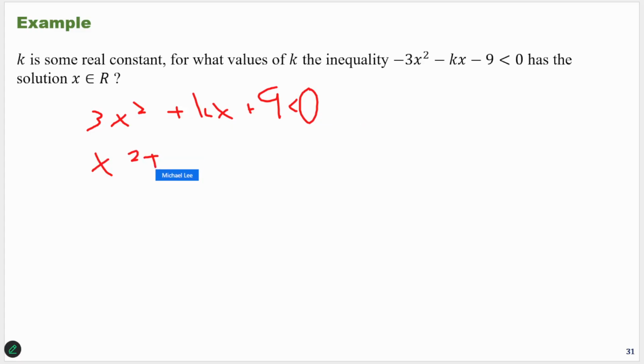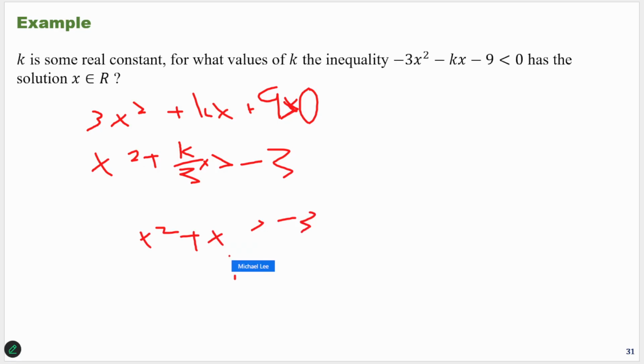Should be greater than, right? x squared plus x.